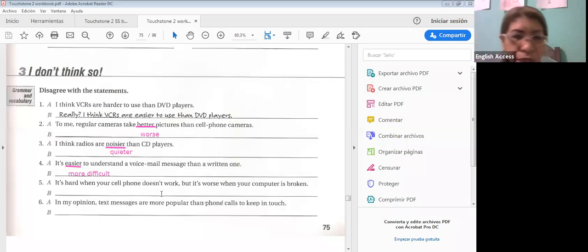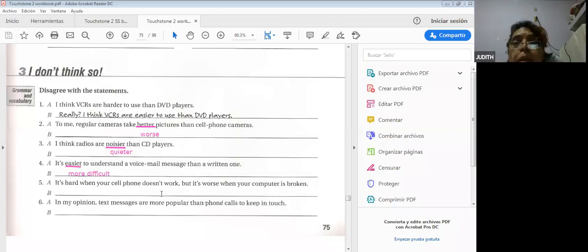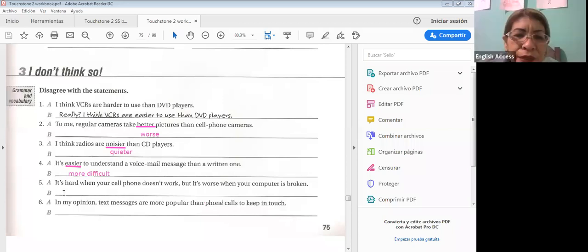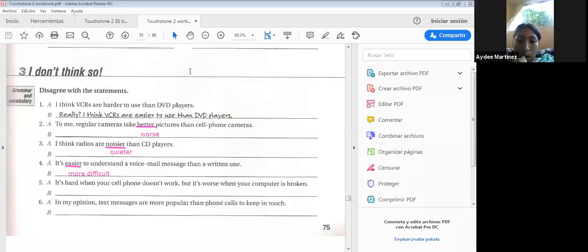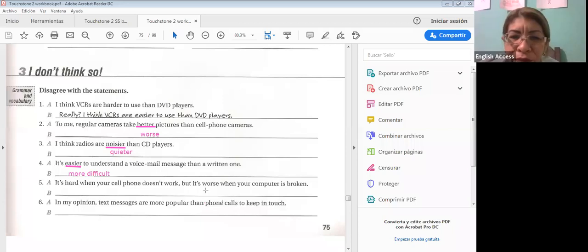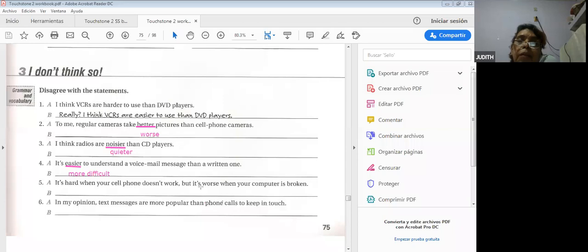Okay, let's see. Number 5, it's hard when your cell phone doesn't work, but it's worse when your computer is broken. Remember, we're going to change only the comparative form. We have only one comparative. It's worse. The word contrary is better.